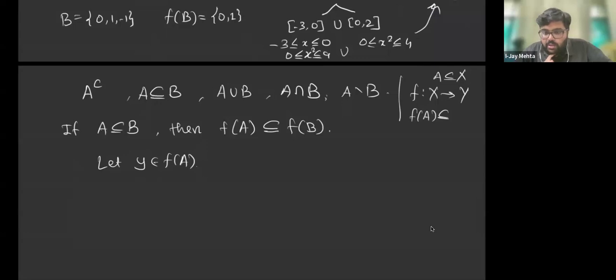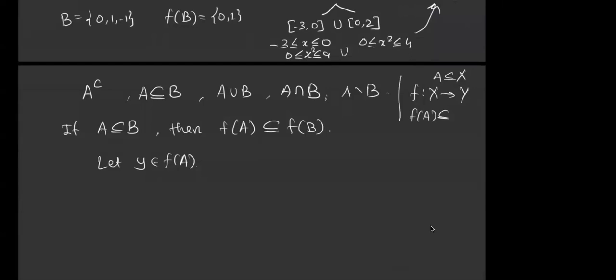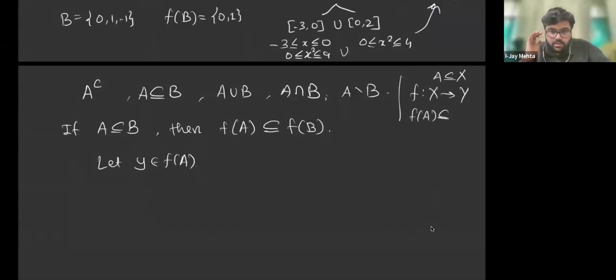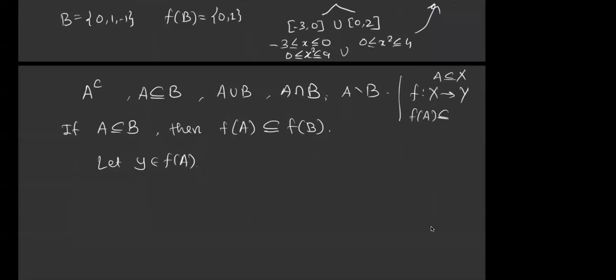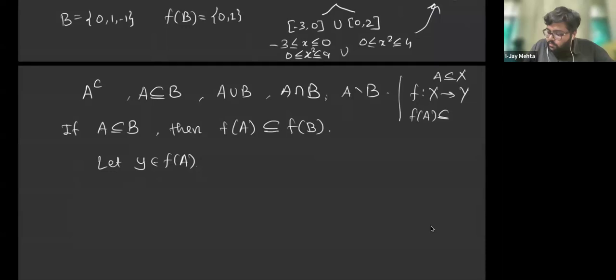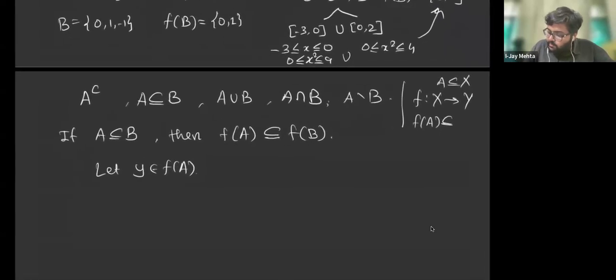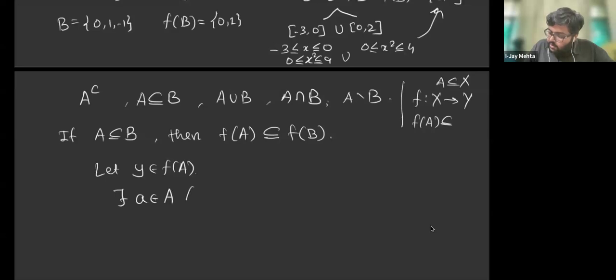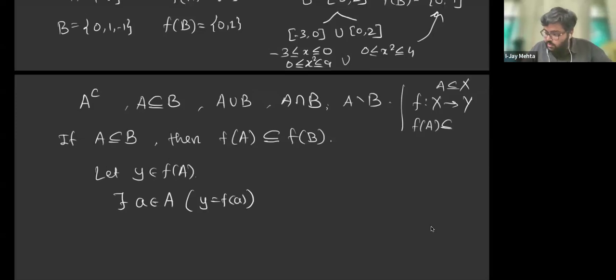Ramesh, can you tell? There exists a belongs to A such that Y is equal to F of a. Good. So Ramesh says that there exists a in A such that Y equals F of a. Is it clear now, Ankita? We have just seen, right?